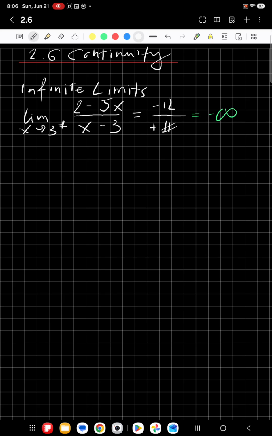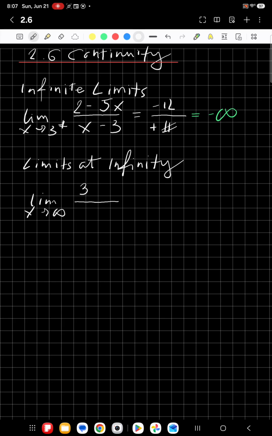The second thing we did was limits at infinity. So that was those problems where you have limit where x approaches infinity, and then we were doing those algebraic tricks.